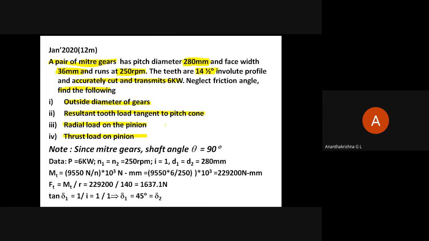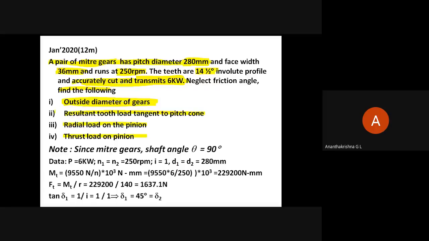Please note down this problem. A pair of miter gears has pitch diameter 280 mm and face width 36 mm and runs at 250 rpm. The teeth are 14.5-degree involute profile and accurately cut, and transmit 6 kilowatt of power.